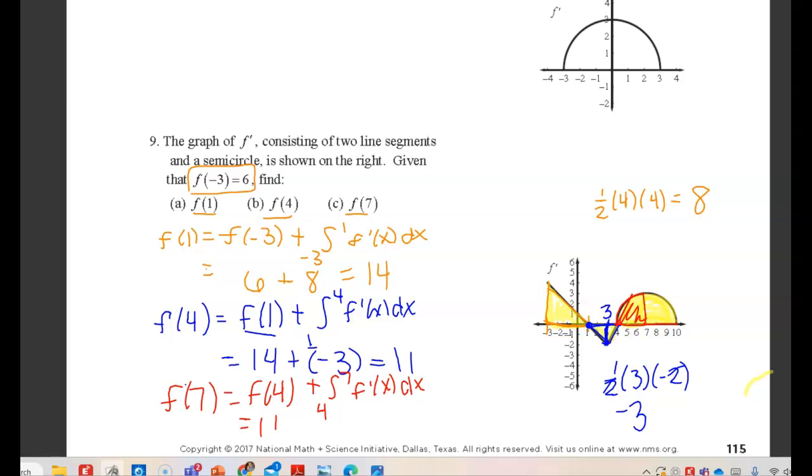So it's going to be 1/4 pi. The radius from 7 to 4 is 3 squared. So it's 9 pi over 4. So 11 plus 9 pi over 4.